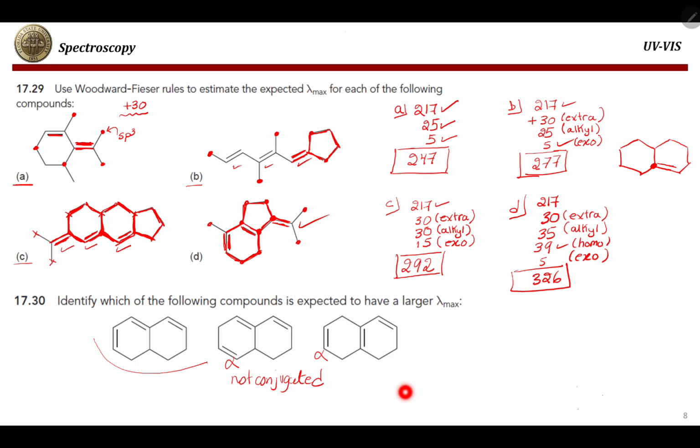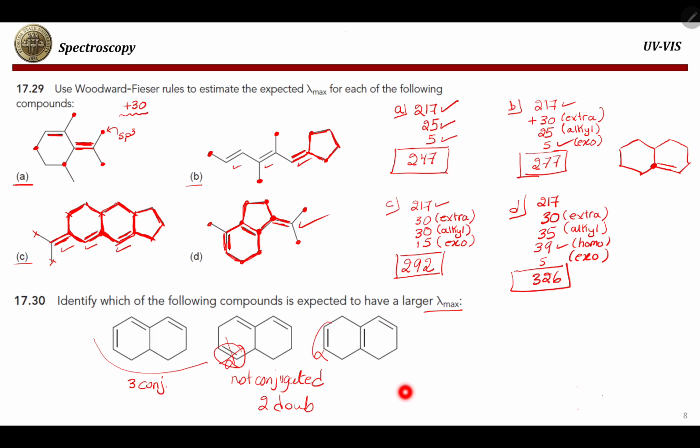To answer the last question, which of the following compounds is expected to have the larger lambda max? You don't have to calculate the lambda max for each one of them. In this first compound, we have 3 conjugated double bonds. In this one, you cannot count this double bond here because it's not conjugated, so ignore it, and you just have 2 double bonds.